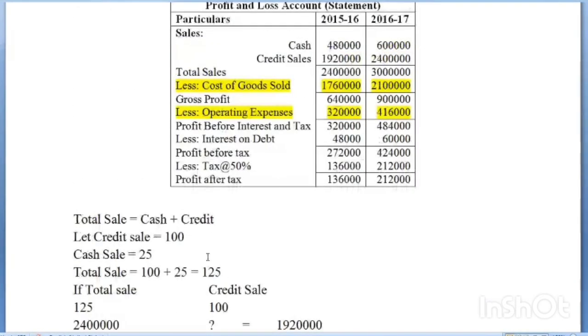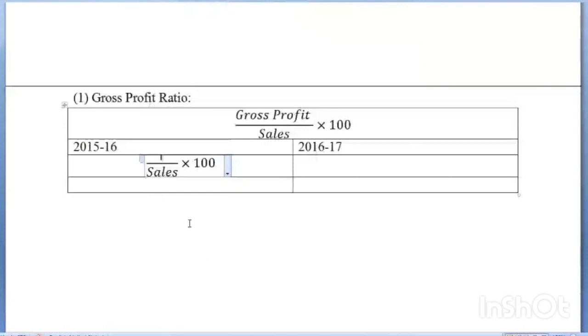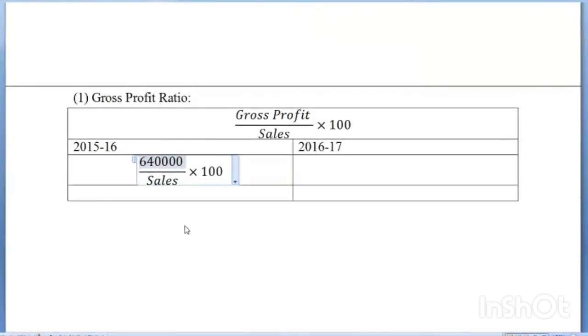Gross profit is 6 lakh 40,000 and sales 24 lakh. What is the answer? 26.67 percent.